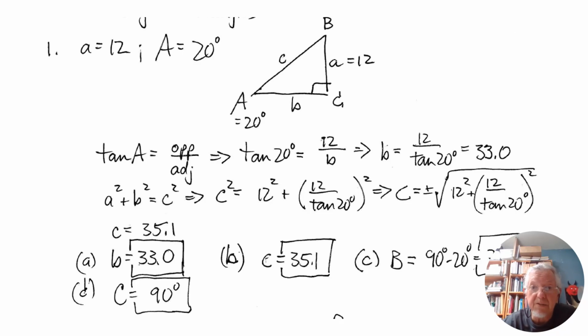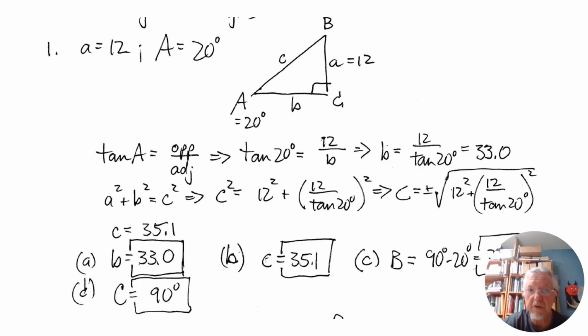B is the vertex or the angle B, and here is the side opposite. Angle A is side lowercase a. The side opposite angle C is side c. The side opposite angle B is side b. Okay, and then I filled in what I know.